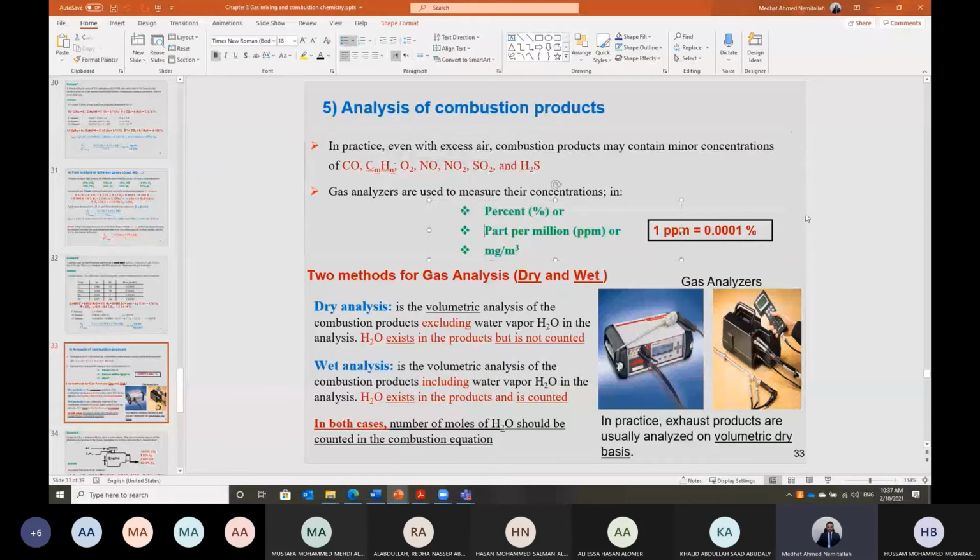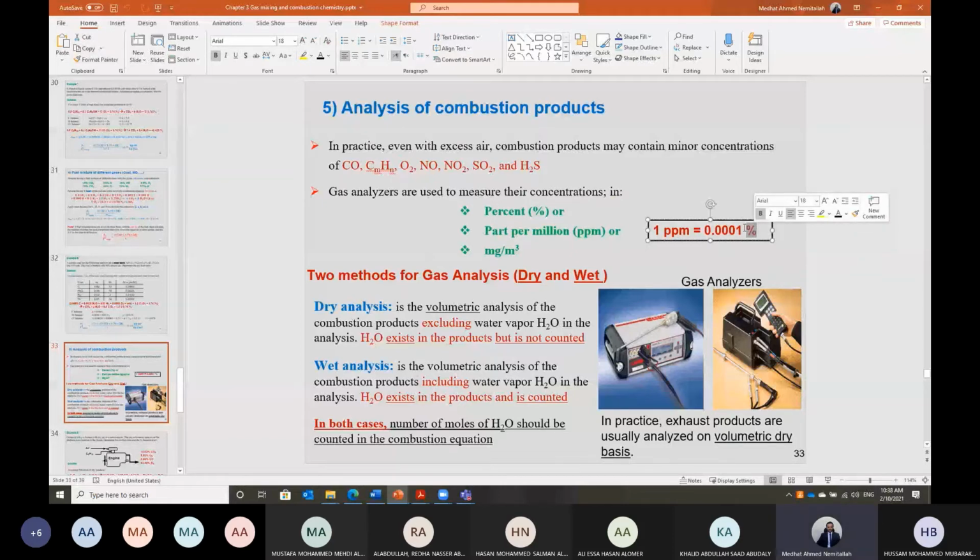To measure the concentration of the exhaust gases, we have the gas analyzer. Usually the gas analyzer provides the concentration on a volumetric dry basis. So usually it gives the concentration in percentage, as a volumetric concentration, or it can be given in parts per million. 1 part per million is equal to 10 to the power minus 4 percent volumetric concentration.